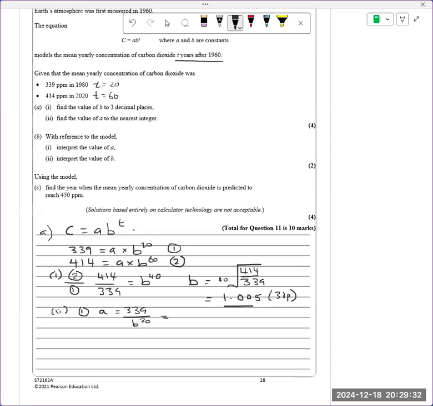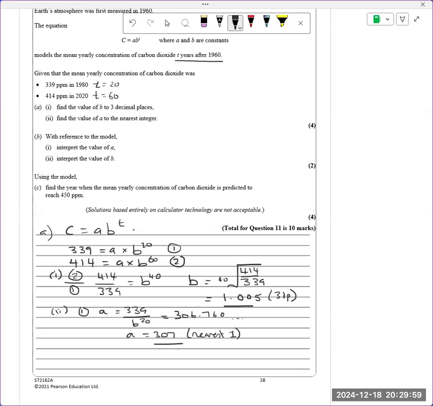So I'm using the answer button for the accurate value, and that is 306.760 dot dot dot. They only want the nearest integer. So A is 307 to the nearest 1.